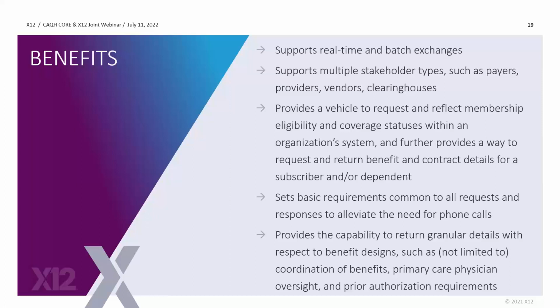It supports a variety of stakeholders, as we met earlier, a lot of users or stakeholders, as we call them. There are payers, there are providers, there are vendors, and there are clearinghouses. Vendors and clearinghouses might be one and the same in some arenas, and then they could be separate and distinct in others.